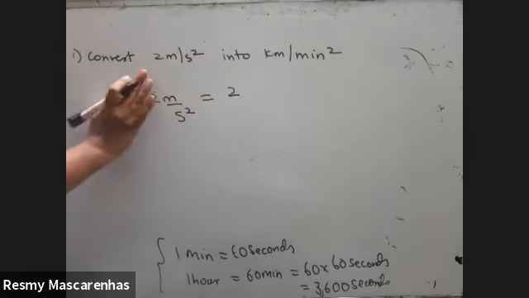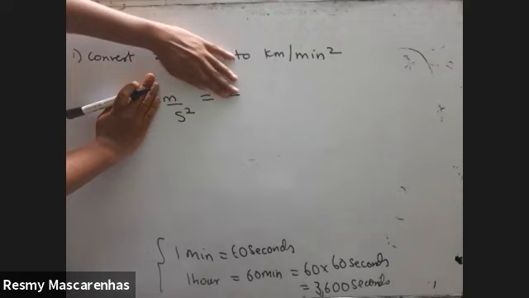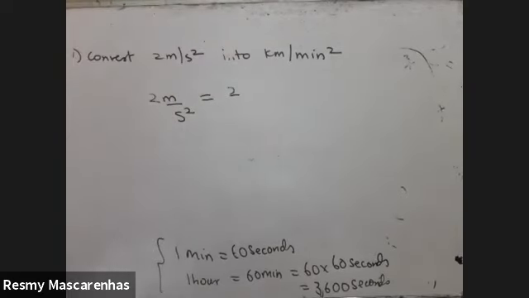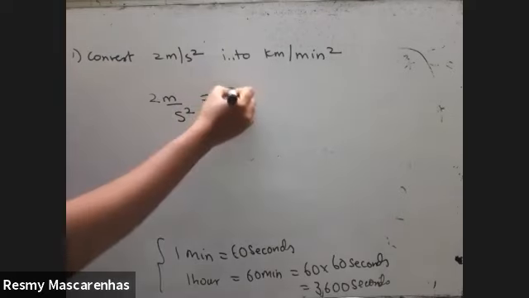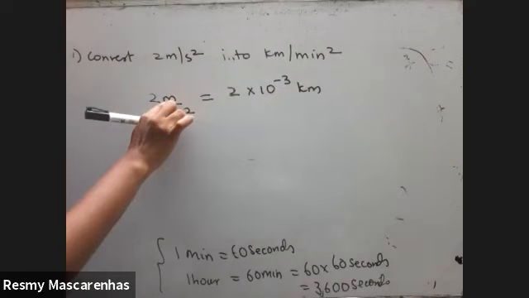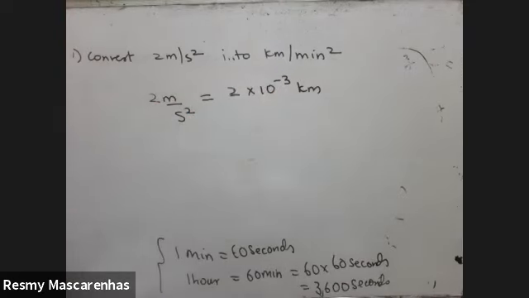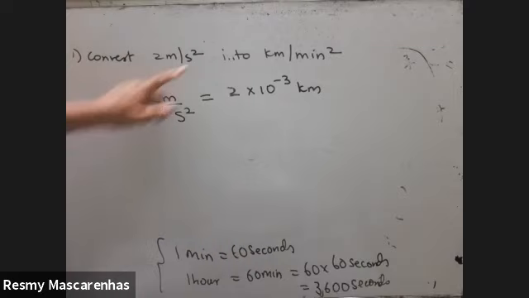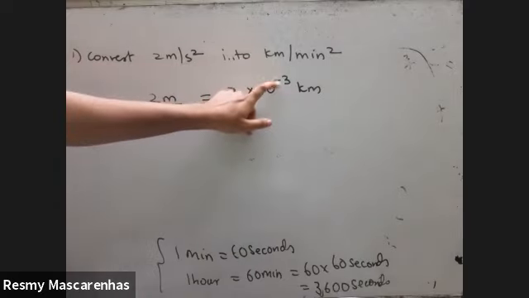So m means meter. Meter into kilometer conversion is always 10 raised to minus 3. 1 meter is nothing but 10 raised to minus 3 kilometer. If kilometer was here and meters were this side, it would be plus.